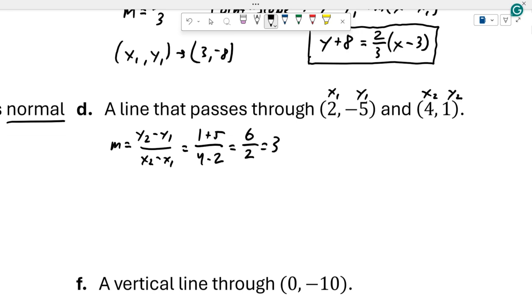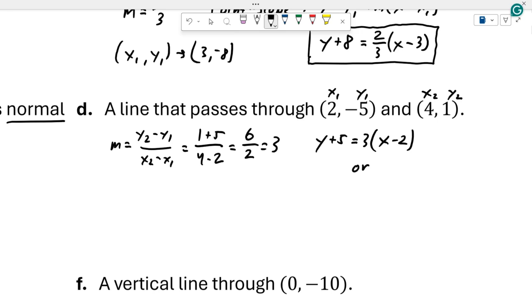Great. So now I have all the information I need to give my equation, and I just need to pick a point. Now I have 2 points. If I pick the first one, my equation is going to be y minus y1, which is negative 5, so it's plus 5, equals my slope of 3, parentheses, x minus 2. That's a perfectly acceptable answer.